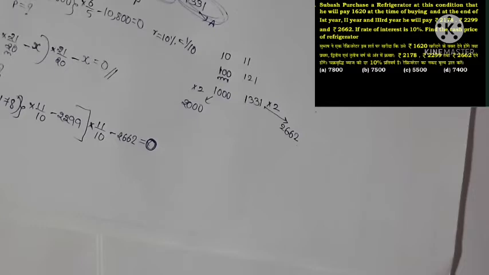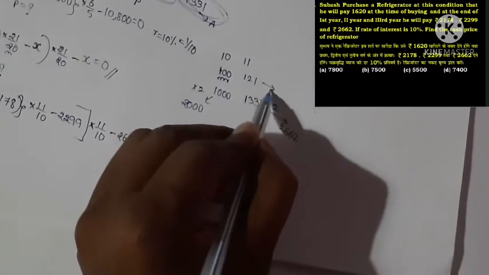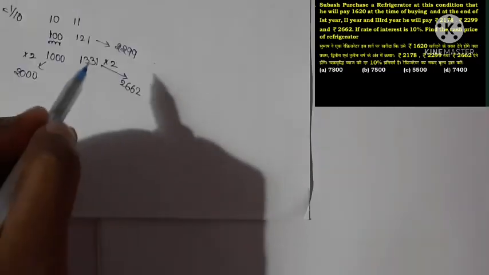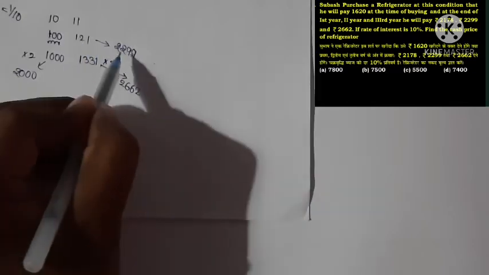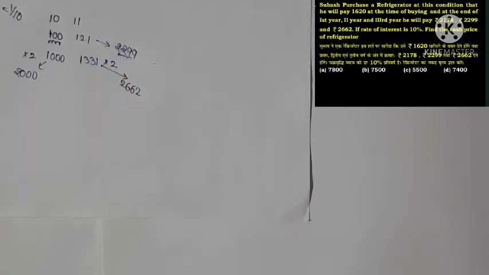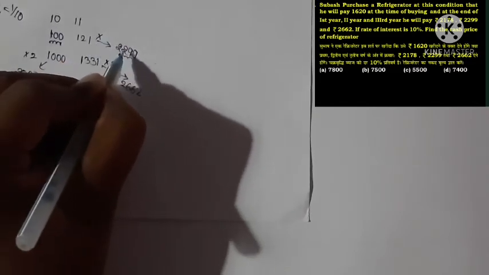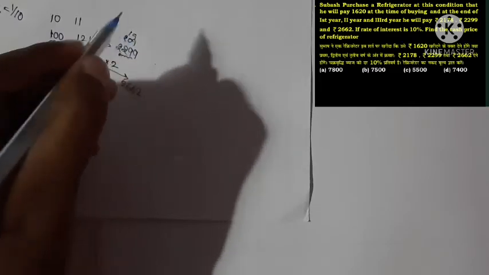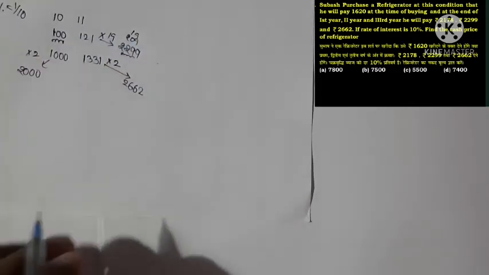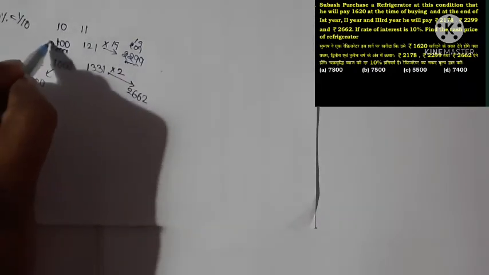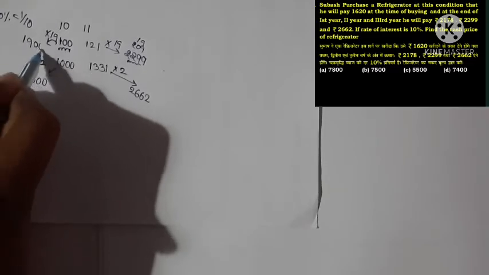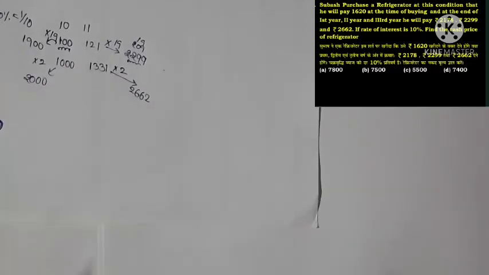The second year installment is 2299. That means 121 units represents 2299. So 1 unit represents 19. So here 100 units represents into 19. The value is 1900.